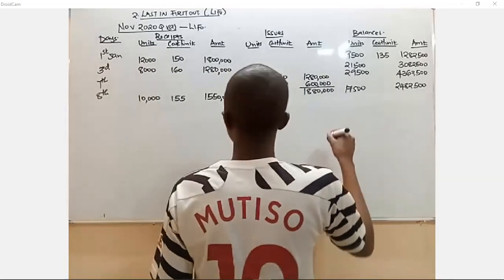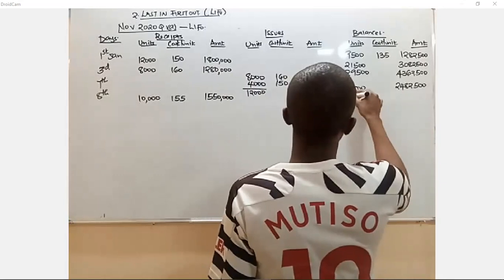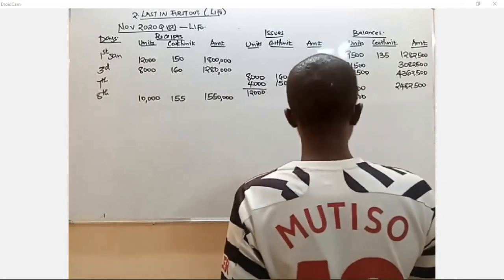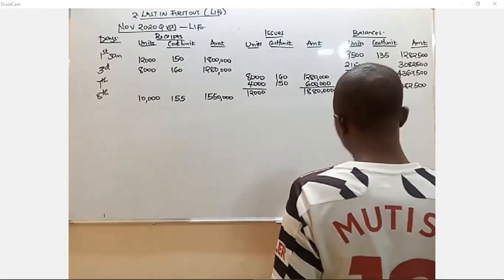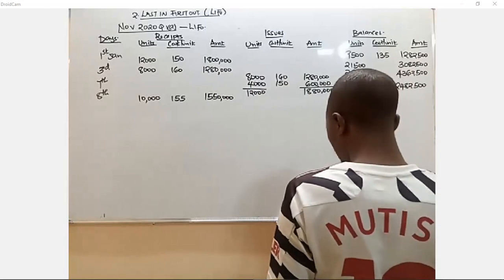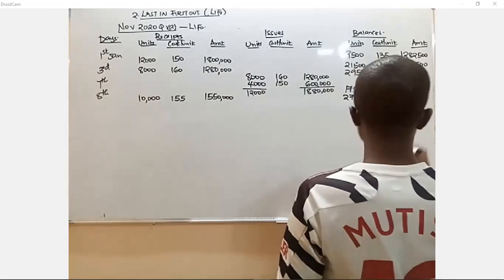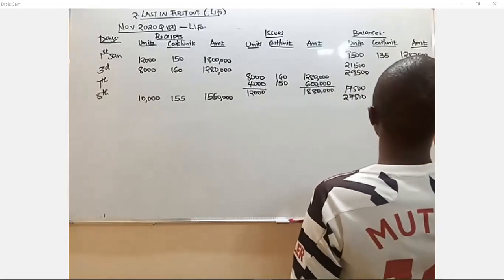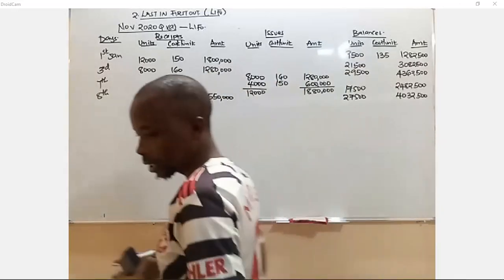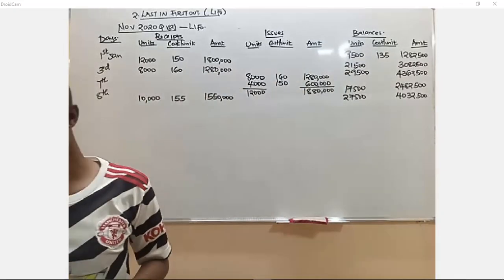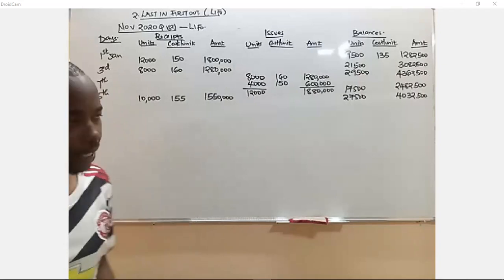We are getting 27,500. Right? 15,000 plus 24,82,500, getting 40,32,500. 40,32,500. Let us shift our gears to date number 9.